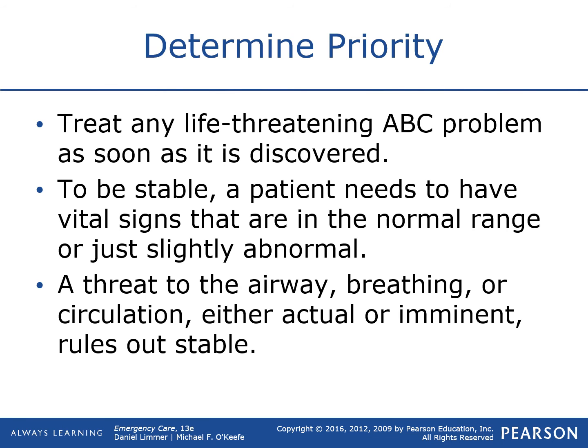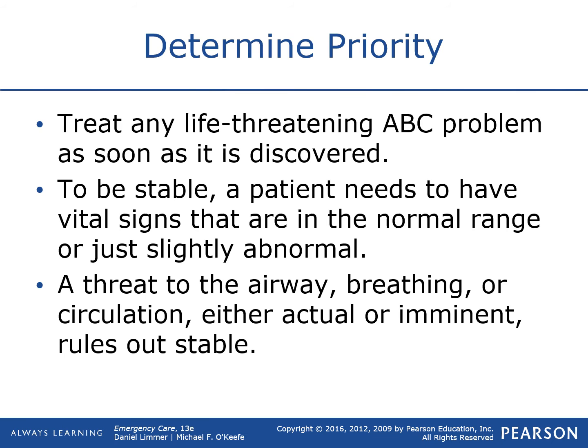Now, just because you determine a patient is low priority from your ABCs doesn't mean that you might not find something later on that will make them a higher priority. In order for them to be a low priority, for example, you need to have vital signs that are within the normal range, or maybe just a little bit outside of the normal range.